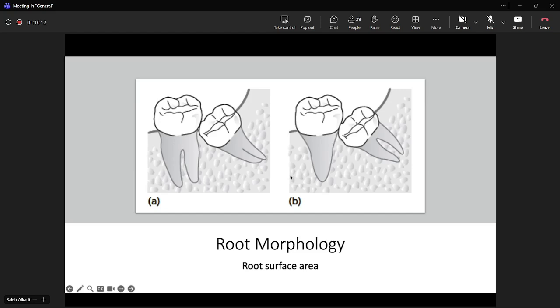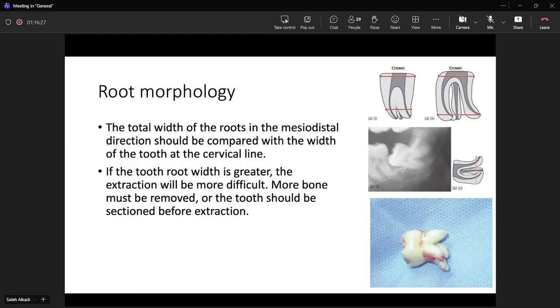If it's vice versa, as in picture B, there is the risk of displacing this lower second molar. So if the lower second molar here, for example, has a conical, single root, there is a risk of displacing this tooth during extraction of the lower wisdom tooth.